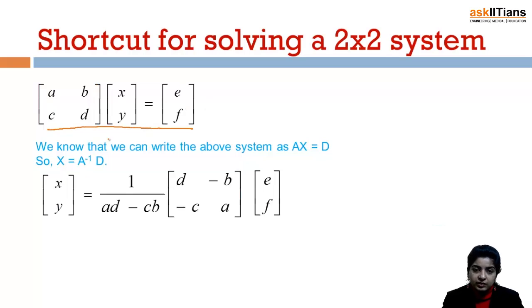We have already discussed in inverses and adjoints how we directly compute the inverse or adjoint of a 2 cross 2 matrix. Similarly, the same thing will follow here also. This system is ax plus by equal to e and cx plus dy equal to f, which has been transformed into this form.